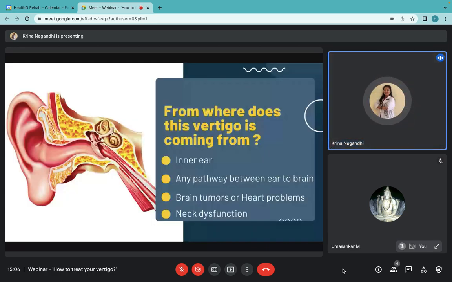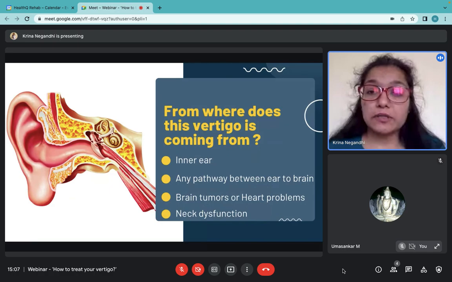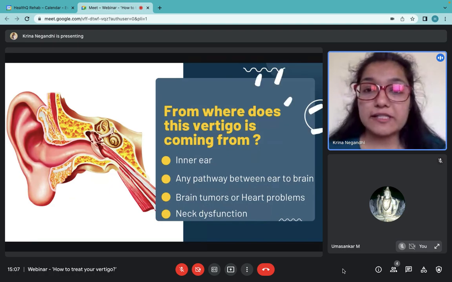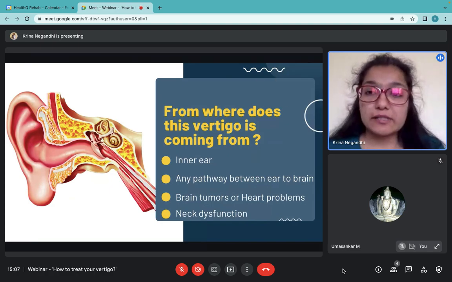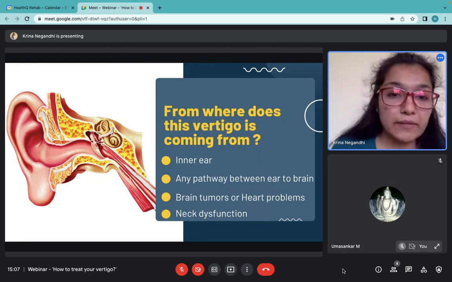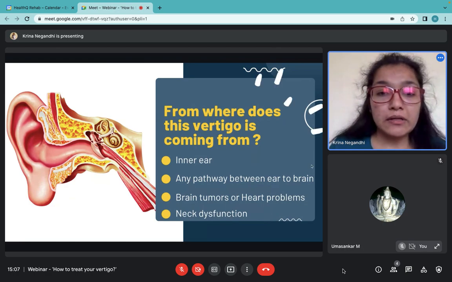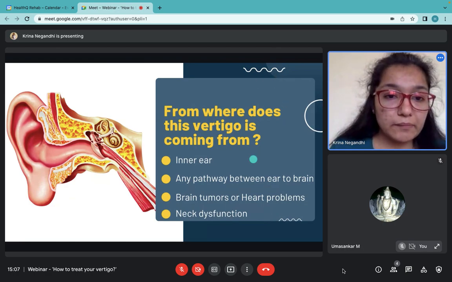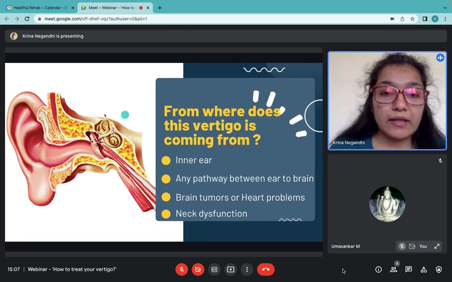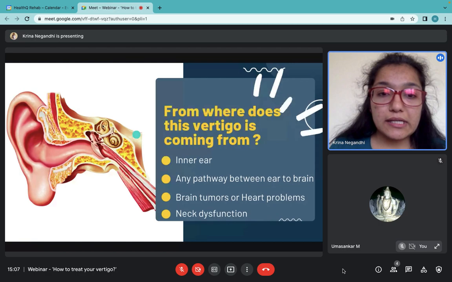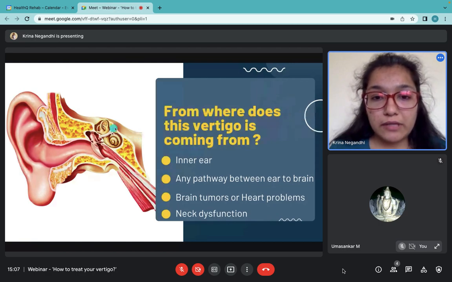Where is this vertigo basically coming from? Vertigo is basically coming from the vestibular system, which originates from the inner ear. This is the inner ear, where the vestibular apparatus is present.